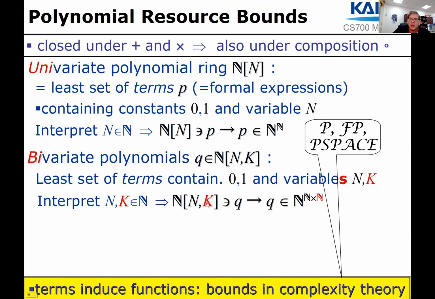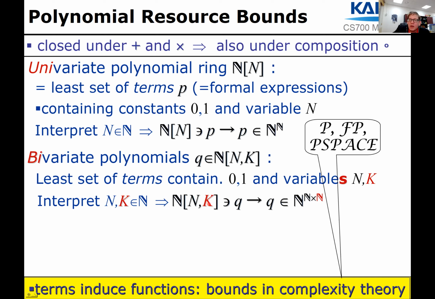Okay, bivariate polynomials. But as you recall, when we talk about computing functionals, we also have two parameters. One is the binary length of the integer argument, but then there's another complexity cost parameter, which is not the binary length, not a fixed number, but actually a function from natural numbers to natural numbers.